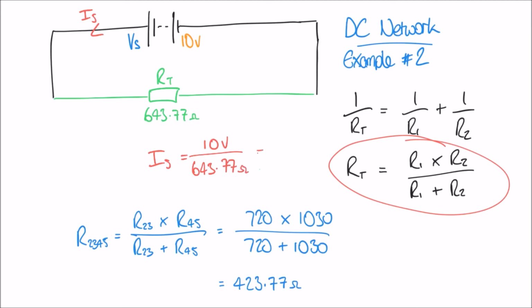By calculating that, I get a supply current of 0.01553, or we can multiply that by 1,000, which makes it a little bit more manageable. It's 15.53 milliamps, because I've multiplied by 1,000 there.